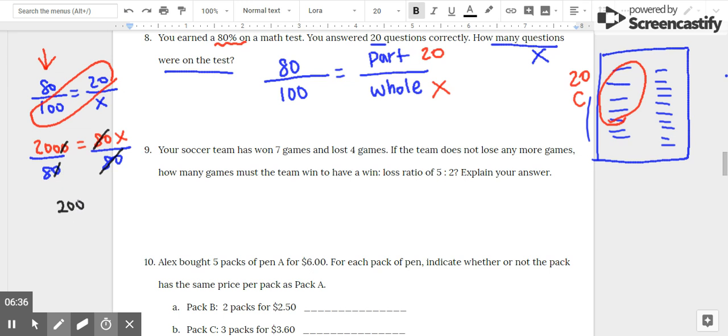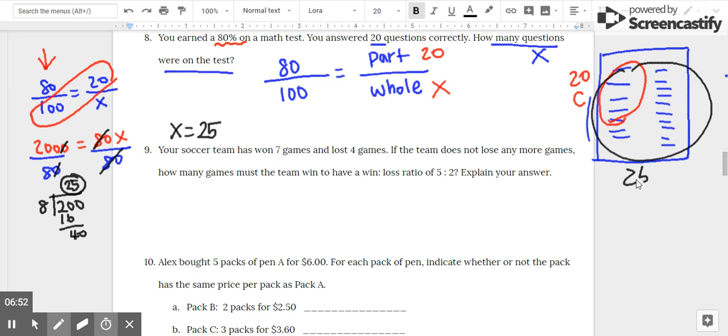And what is 200 divided by 8? It's going to be 25. So X is equal to 25. There were 25 questions. Out of 25, you get 20 correct, and that is 80%. All right, 25 questions.